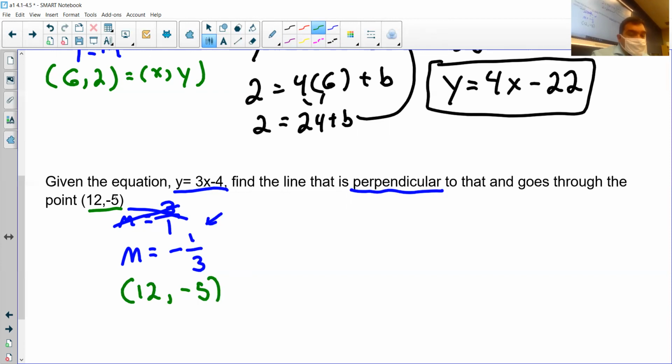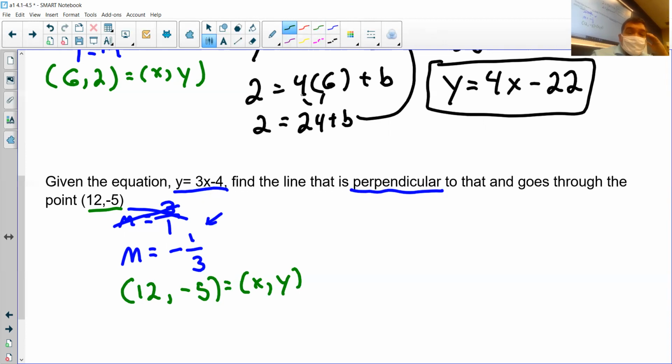The slope is both flipped and switched: negative, and flipped over, reciprocal. That's just part of the definition of it. Just, you take the points as the points.